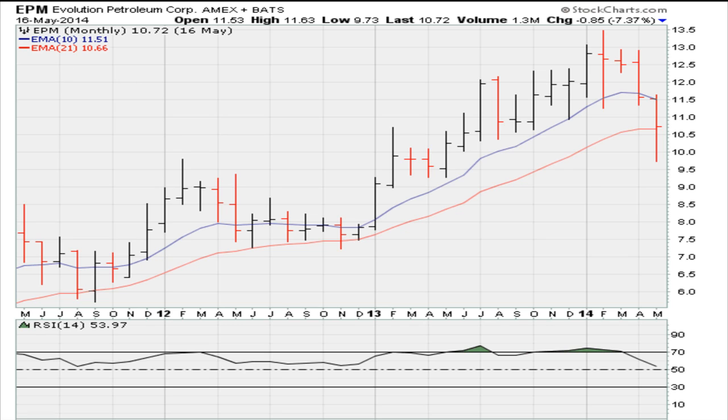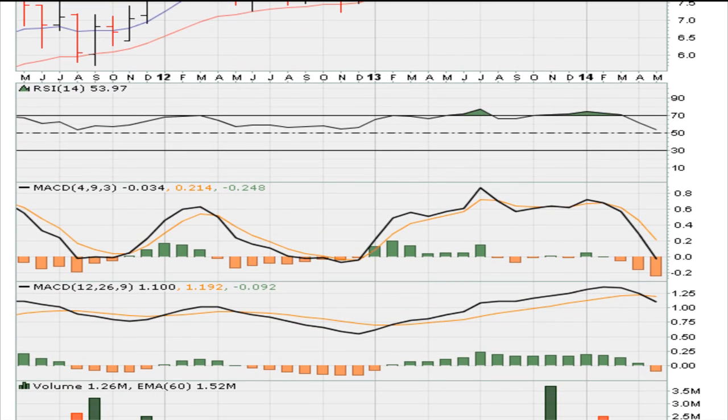Take a look at another one here, EPM, just a random stock. You can see here sometime in 2014 it makes a fresh low in terms of the RSI, and also we see that the MACD, at least one of the MACDs, was moving below 0, which is a sign of weakness, and also very close, if not in the process of making fresh 3-year lows on the MACD.